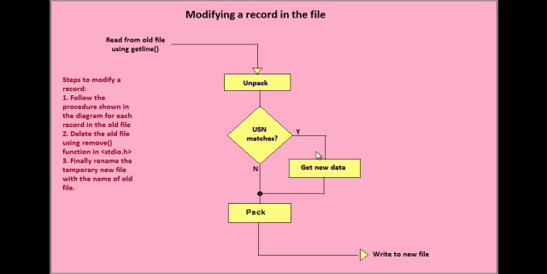Otherwise, we are getting the new data and then writing to the new file. Then the next step is to delete the old file using remove. We are deleting this old file from which we are reading the data using the remove function. And the final step is I will rename the new file with the name of the old file. That's it. Modify is done.